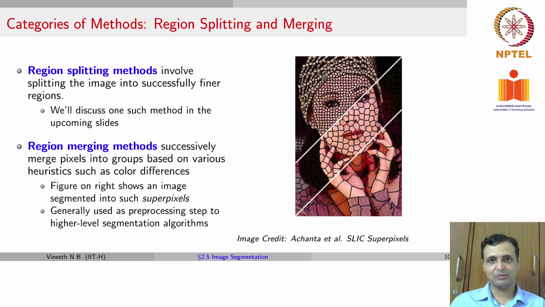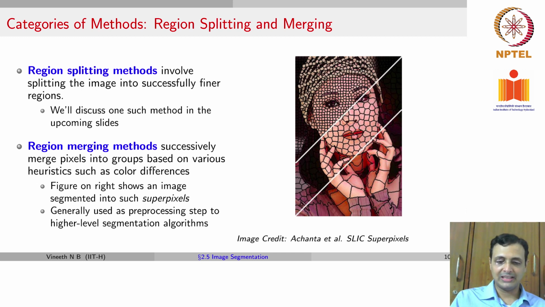We'll see one example of this method a little later in this lecture. The other kind, which is a bit more popular, are region merging methods, where you start with a pixel as a region and keep merging similar pixels and forming regions, and you can keep going all the way to the complete image.